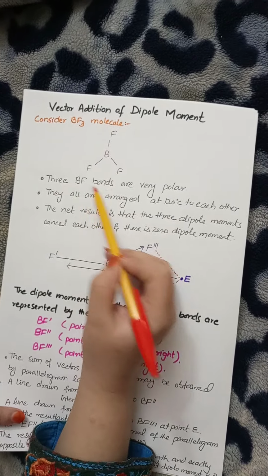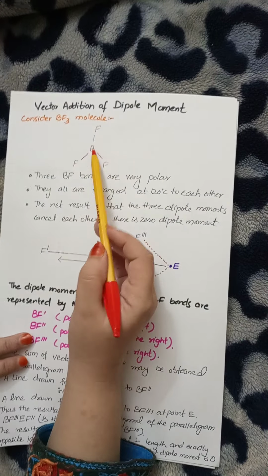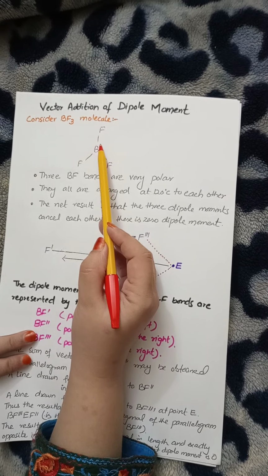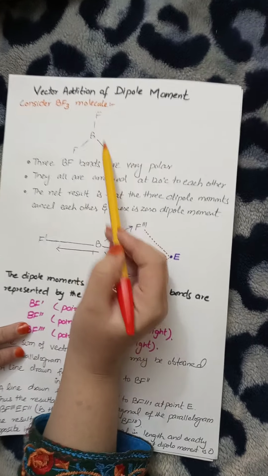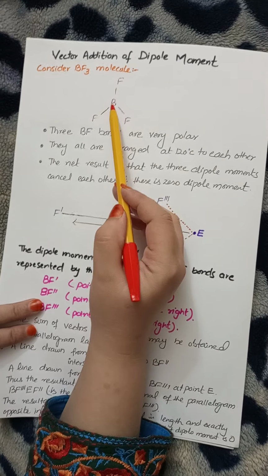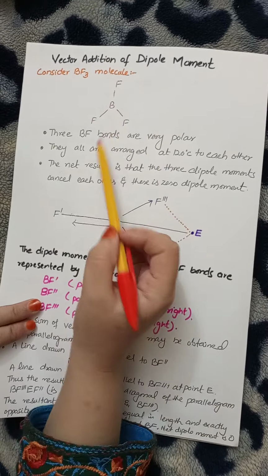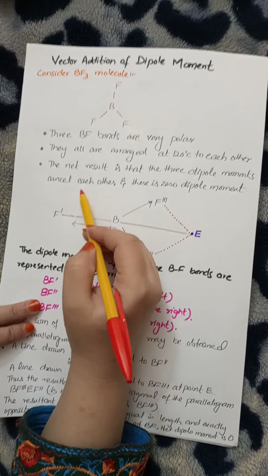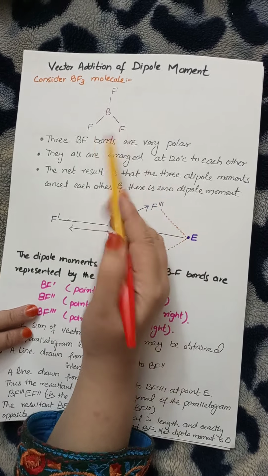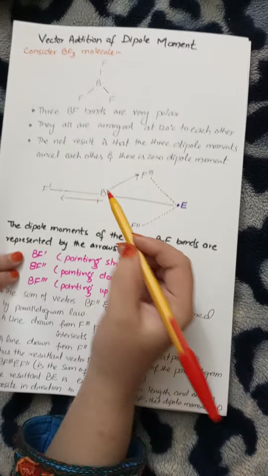So these three BF bonds are very polar, and to minimize electron repulsion, they are kept apart at a maximum distance, and they have attained a trigonal geometry with 120-degree angles in this molecule. So the net result is that the three dipole moments cancel each other, and the dipole moment will be 0.